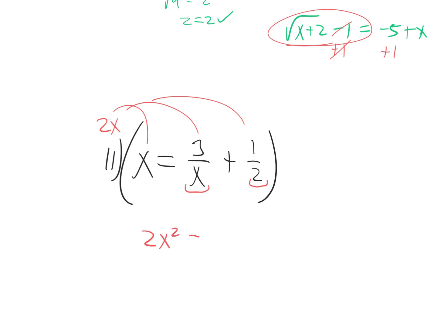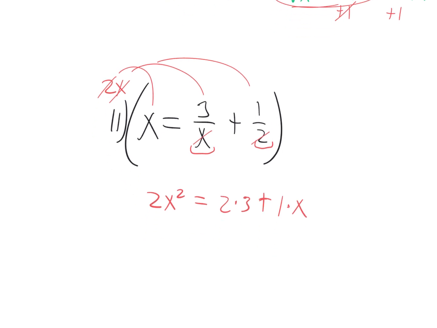We get 2x squared. 3 over x times 2x, the x's are going to cancel, and we're just left with 2 times 3. And then plus 1/2 times 2x, the 2's are going to cancel, so we're left with just 1 times x.